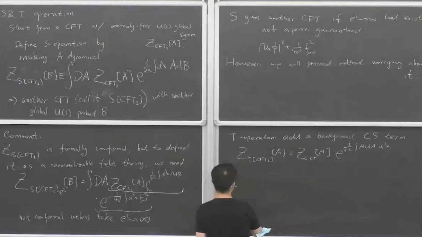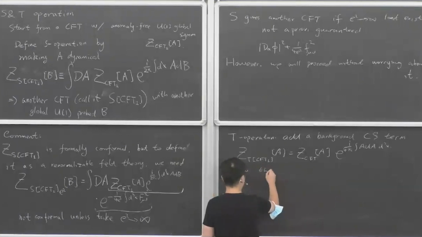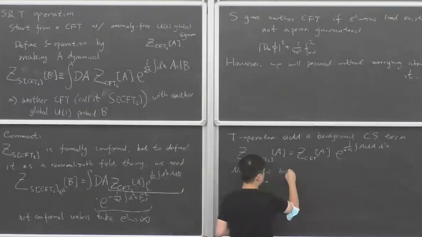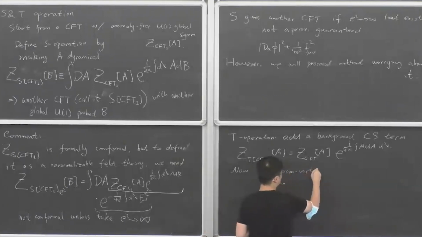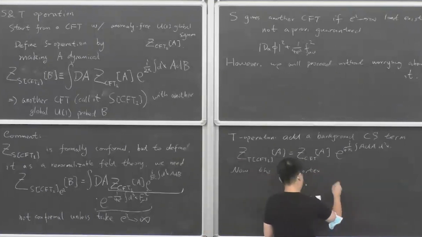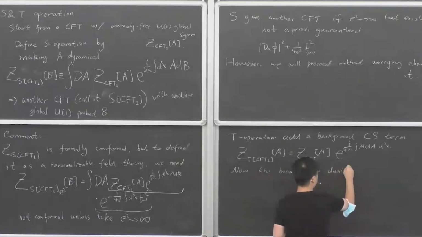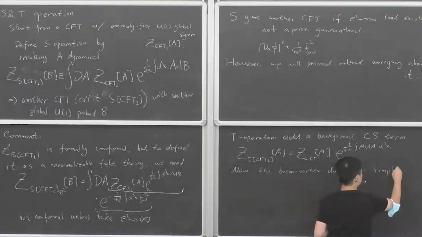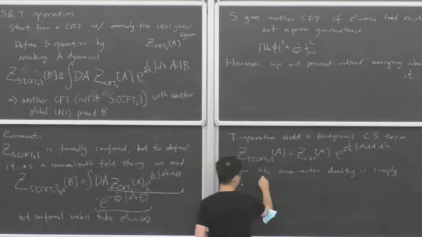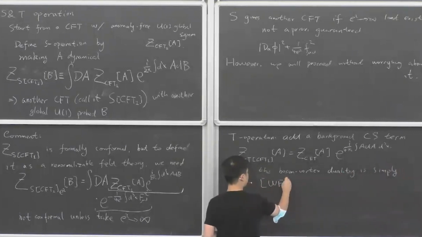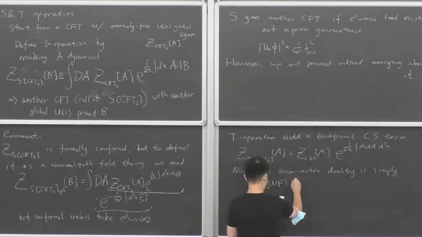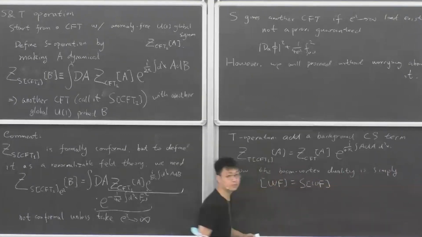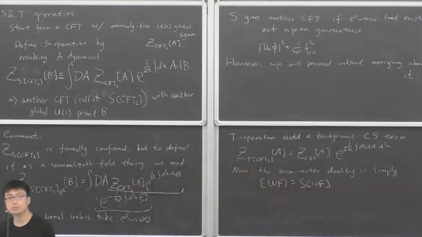So with this notation, the boson-vortex duality has a very simple compact expression. It's that the O2 Wilson-Fisher is the same as the S operation acting on itself.